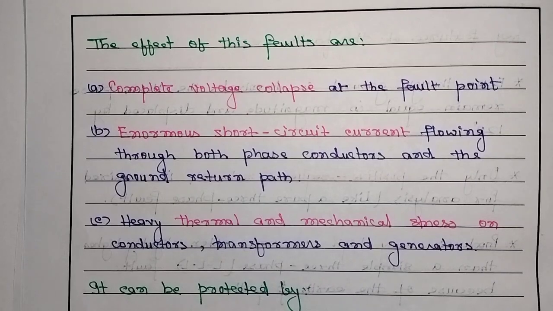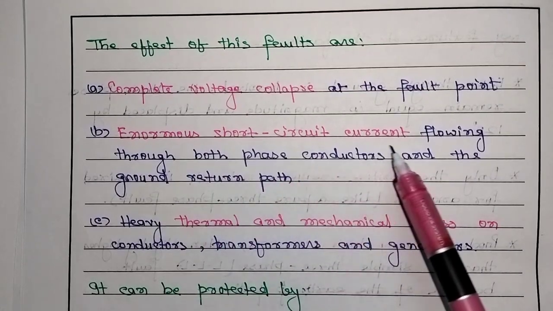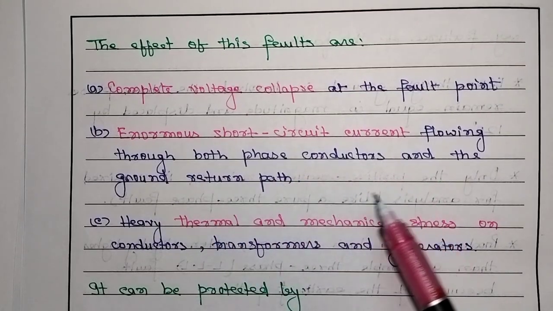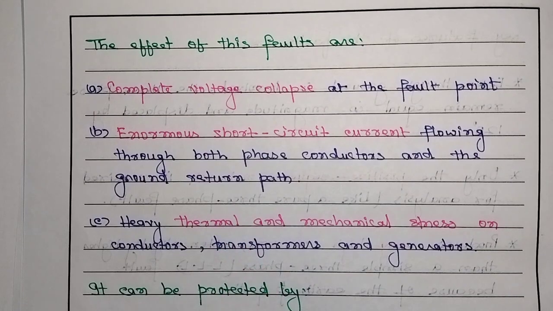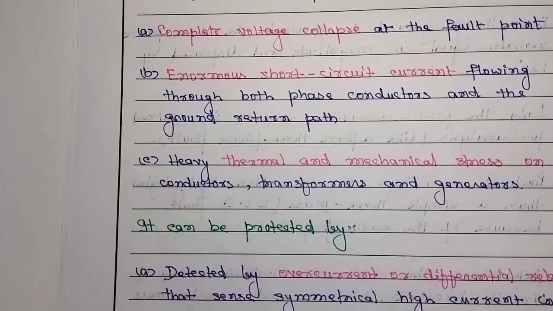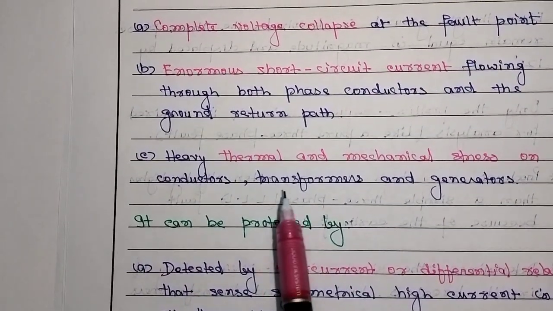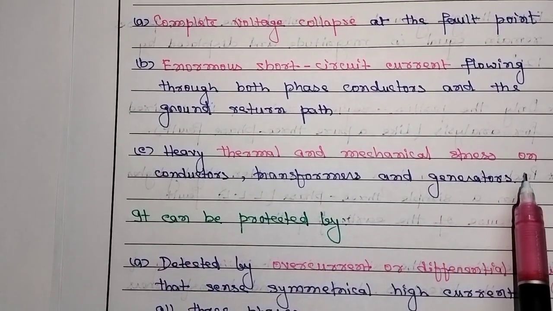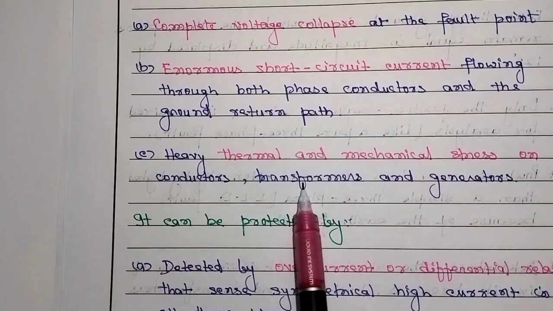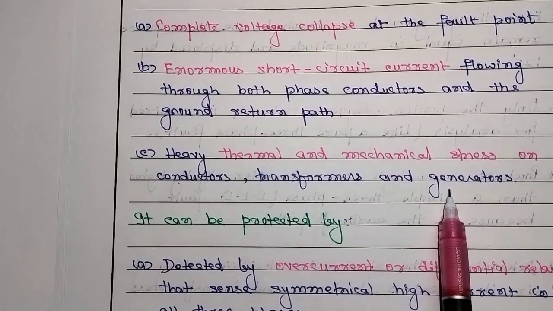Next one, we have enormous short circuit current flowing through the phase conductors and the ground return path. Next, we have heavy thermal and mechanical stress on the conductors, transformers and the generators.